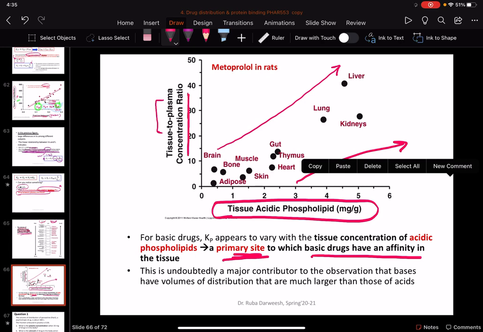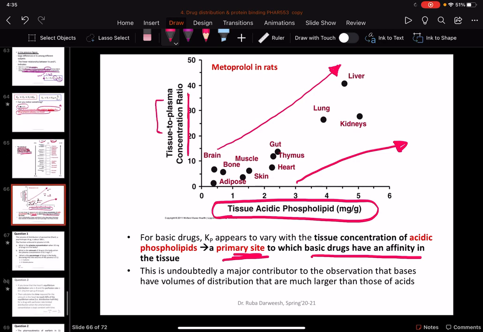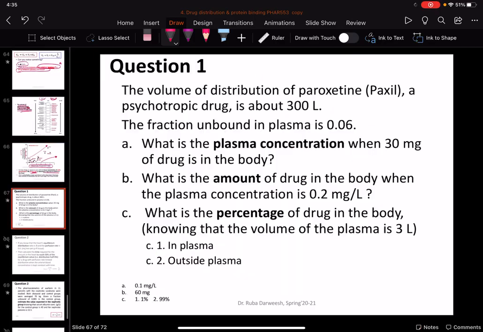As it's a primary binding site for basic drugs, it was found to be one of the major reasons why the volume of distribution for basic drugs is larger than for weak acids. Okay, we have one question here.